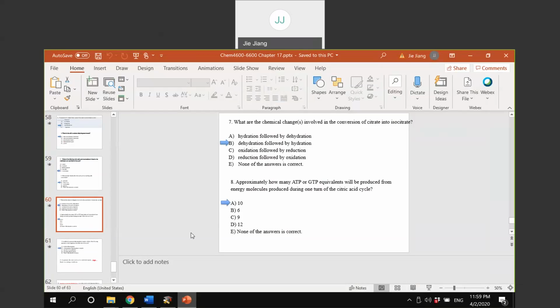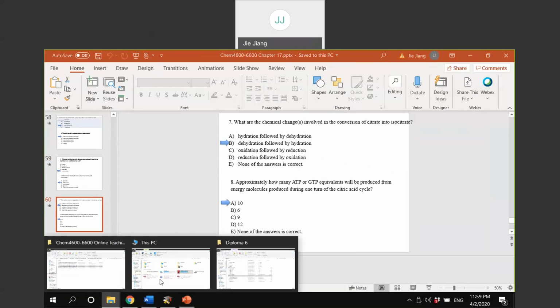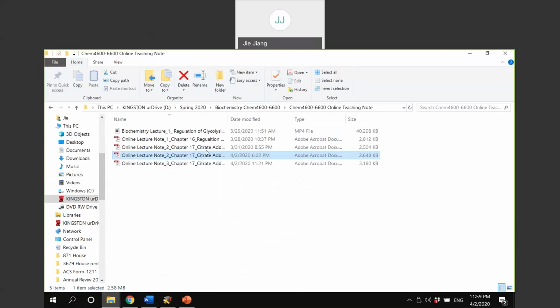So here, this question about approximately how many ATP/GTP equivalents will be produced for 1 turn of the citric acid cycle. Actually, there should be 10 of them, because that probably makes more sense when we finish chapter 18. Later on, the NADH and FADH2 will produce about 9 ATP. If you still remember, in the beginning of this chapter, I actually mentioned that.